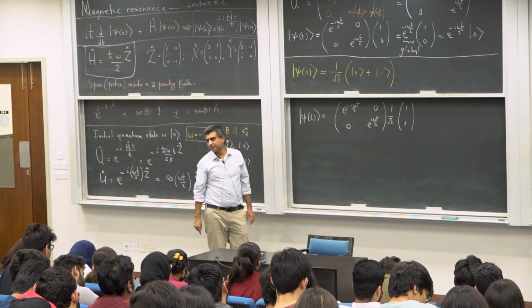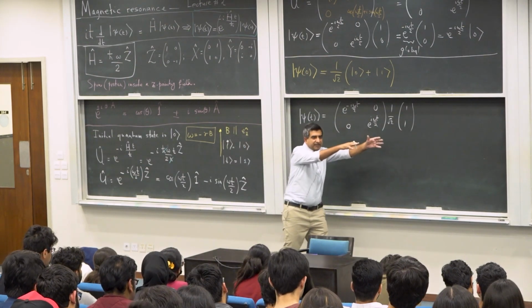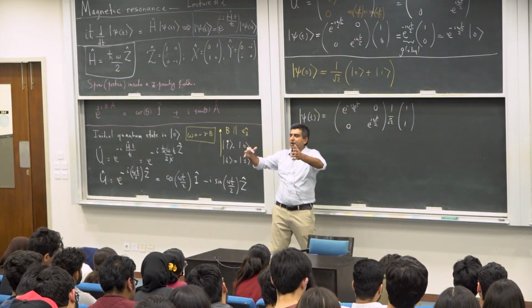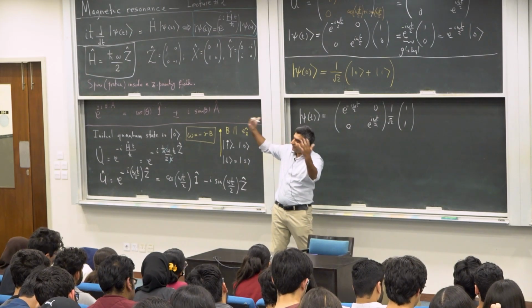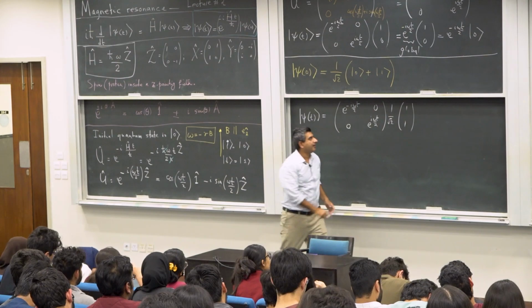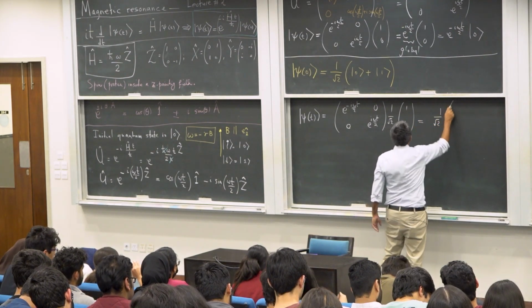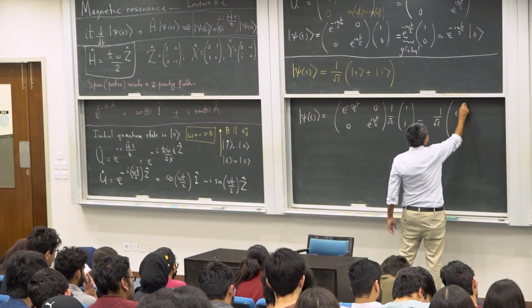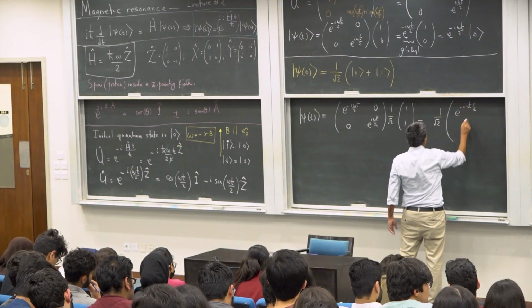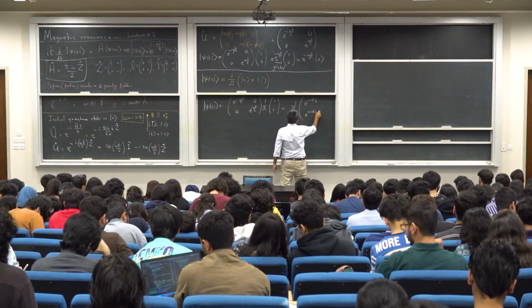Got it? So let's do the matrix multiplication. My initial quantum state has changed. It's the same proton now initialized in a different initial state, in a superposition state. Let's see what happens. So 1 over under root 2, e to the minus i omega t over 2 and e to the plus i omega t over 2.